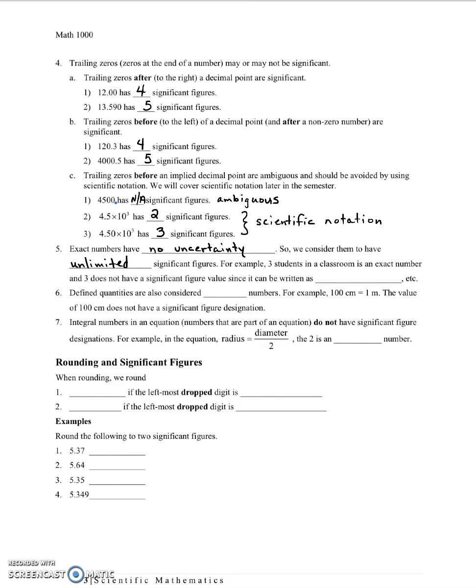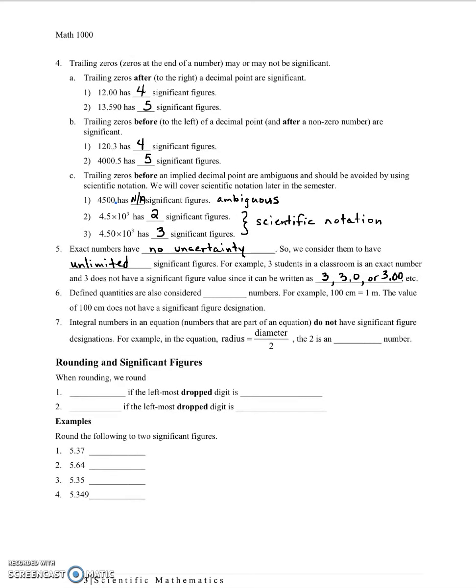So for example, if we have 3 students in a classroom, 3 is an exact number, so it does not have a significant figure value because we could write it as 3 or 3.0 or 3.00, etc. So we can give it as many significant digits as we want.